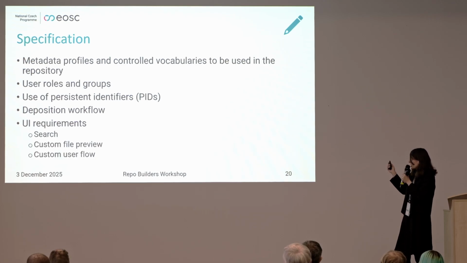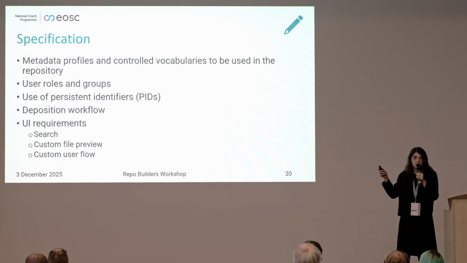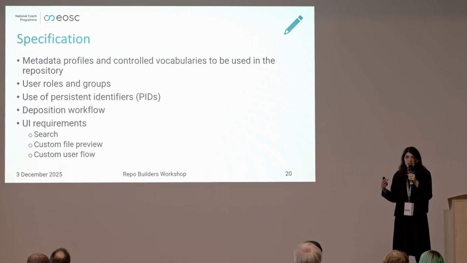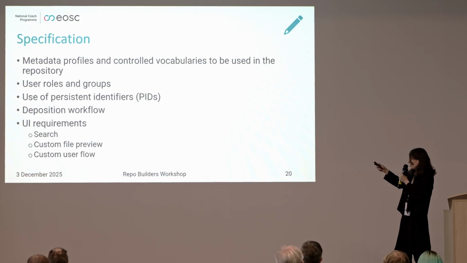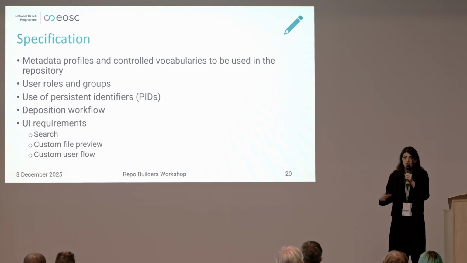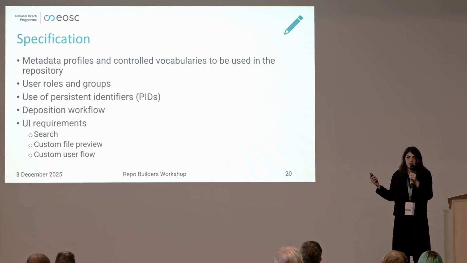We'll discuss persistent identifiers. We'll help you define the deposition workflow. Again, you need to say what you need. If it's really simple, maybe it might be complex. And we'll go through requirements for the UI, and we'll help you make sure that the UI you define actually works for the users and is intuitive and a good user experience.